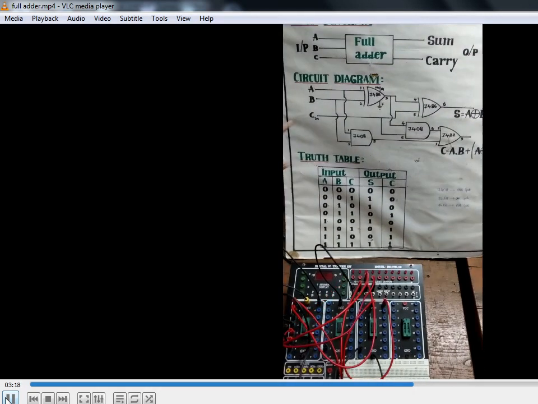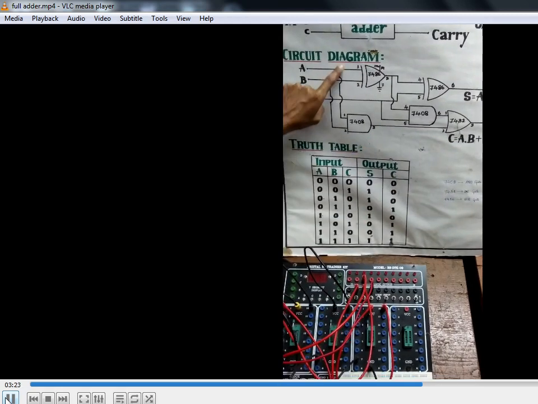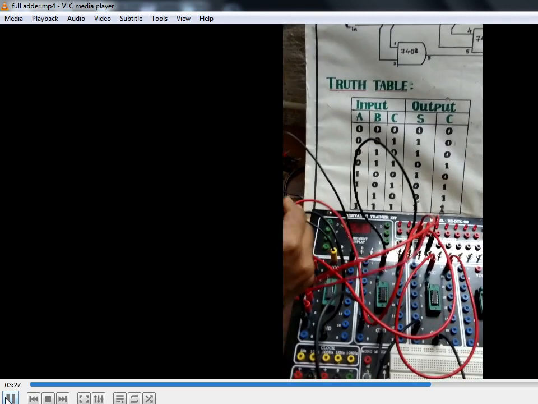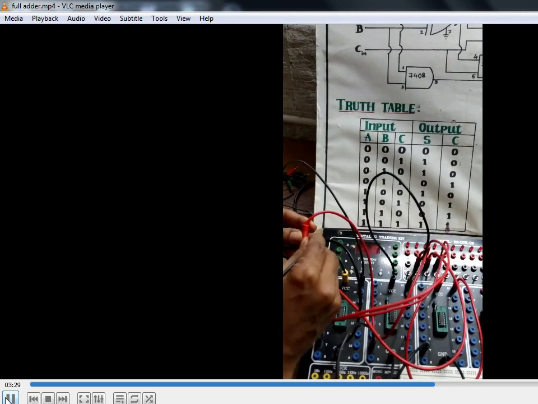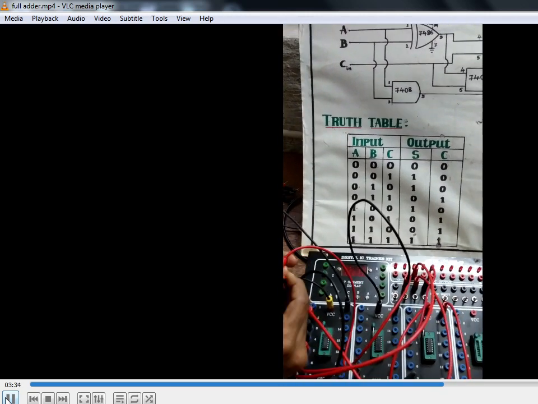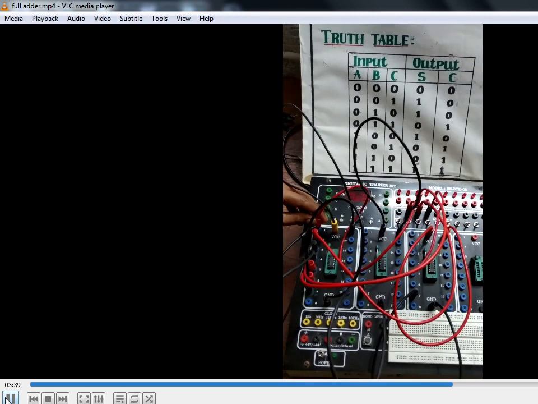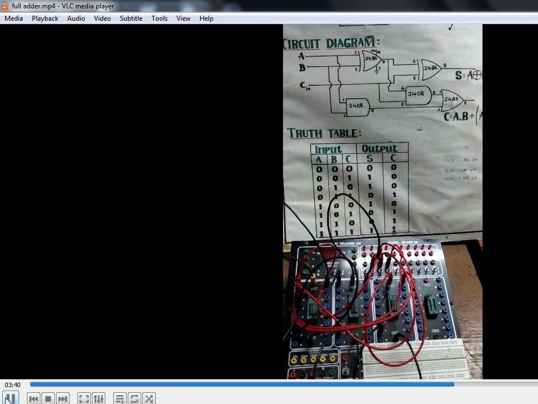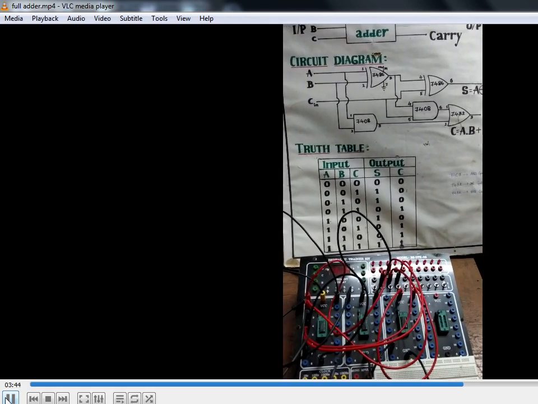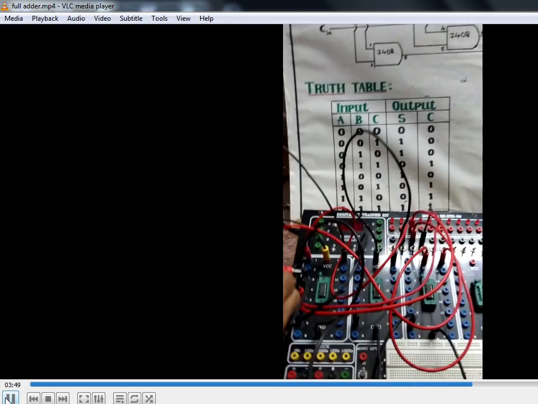Next, coming to the carry connection, pin number 1 of XOR gate is connected to pin number 1 of AND gate. Pin number 2 of XOR gate is connected to pin number 2 of AND gate.